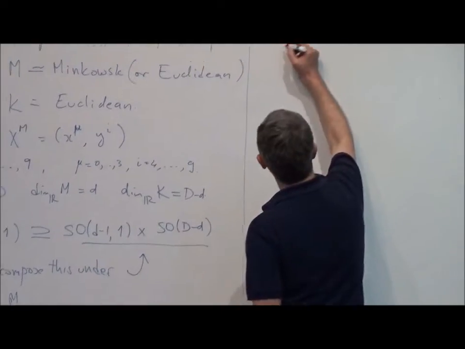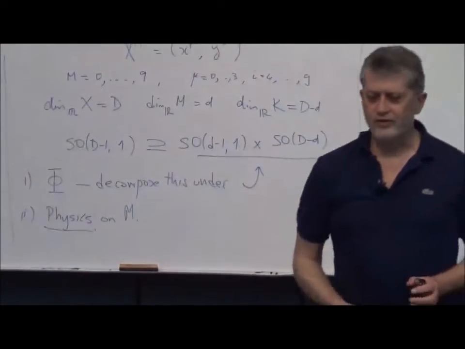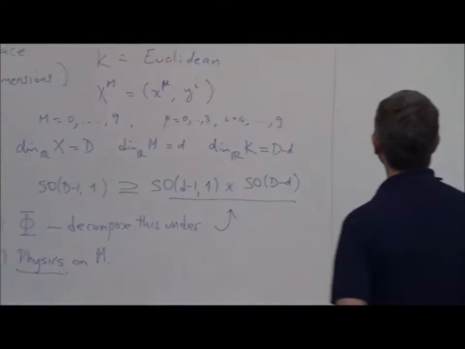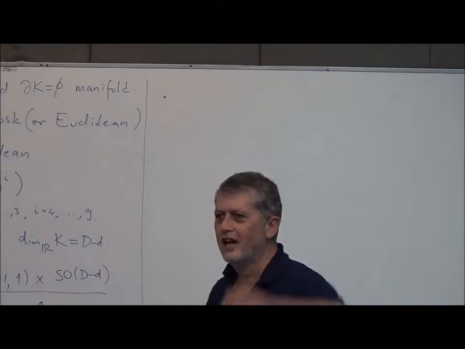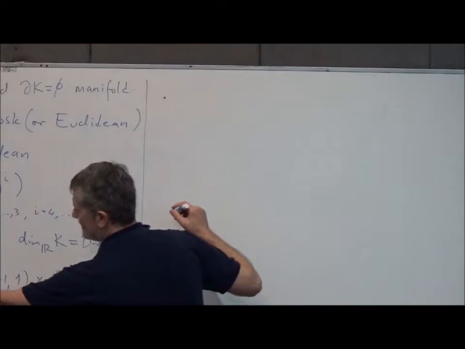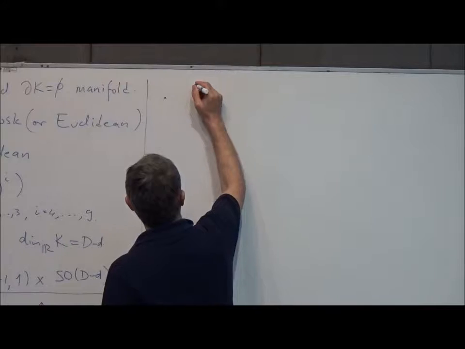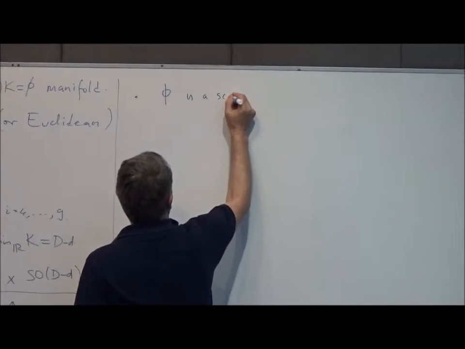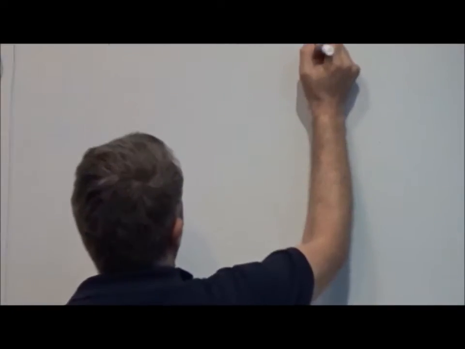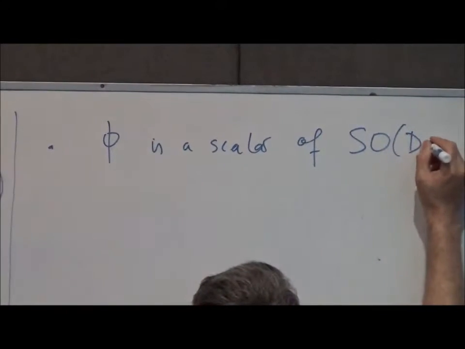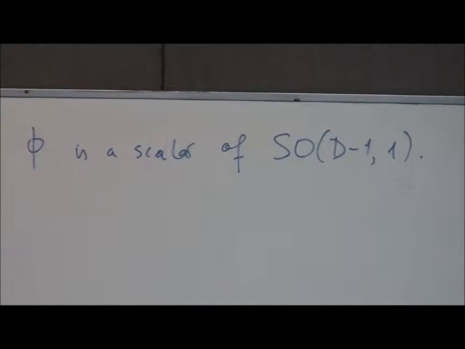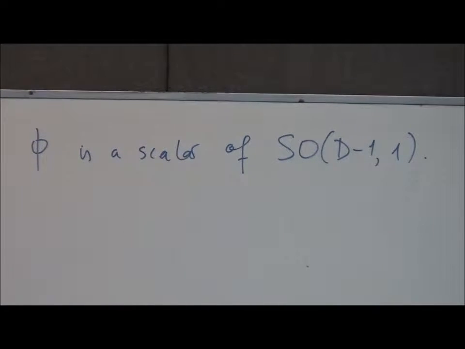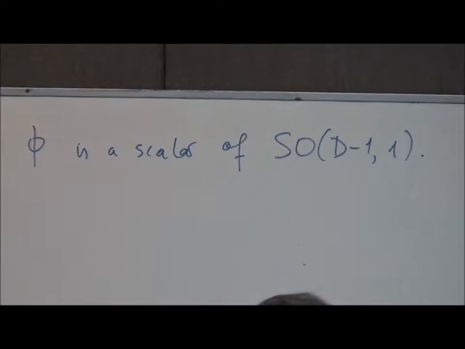Suppose I have a scalar, so let's start with number 1. Forget my notes, you're not going to get them for a while anyway. Let's just start with the scalar. I have a scalar in 10 dimensions, or a scalar in D dimensions, big D. So phi is a scalar of SO(D minus 1, 1). What does a scalar mean? It's invariant. It doesn't change. It just sits there.